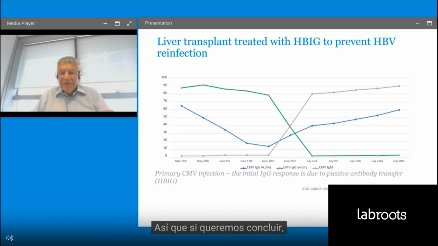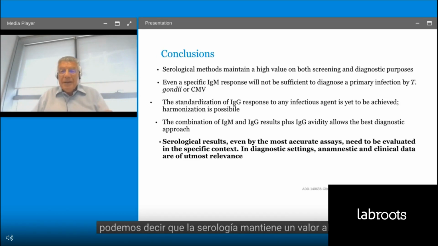So if we wish to conclude, we may say that serology maintains a high value in both screening and diagnostics. But even a specific IgM response will not be sufficient to diagnose a primary infection by Toxoplasma gondii or CMV. The standardization of IgG response is yet to be achieved.